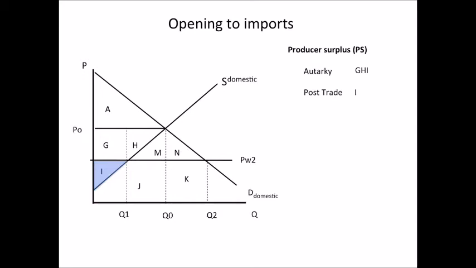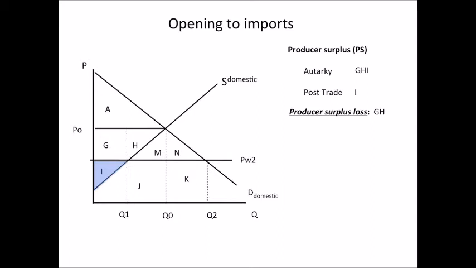That change in producer surplus of GH, that is the area defined by the difference in the price over the supply curve, as we've talked about before. That area GH is the measure of how domestic producers are hurt by the importation of this product from abroad.